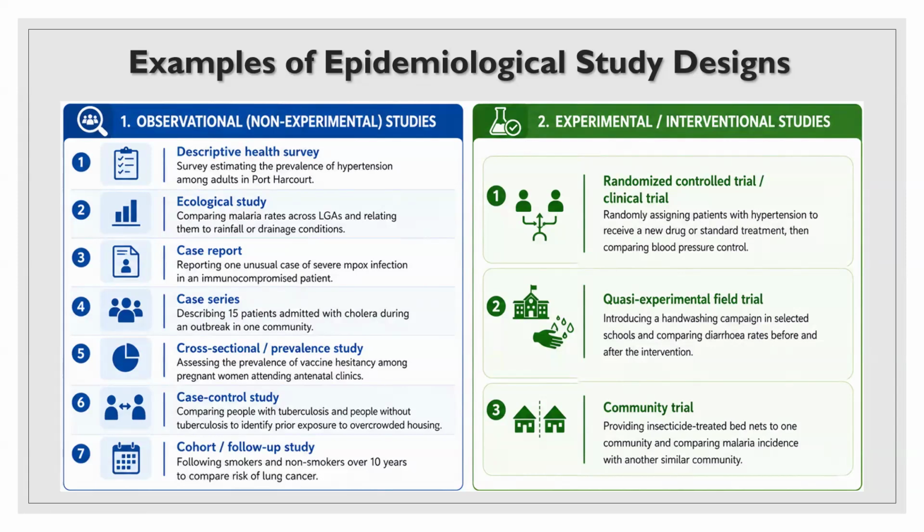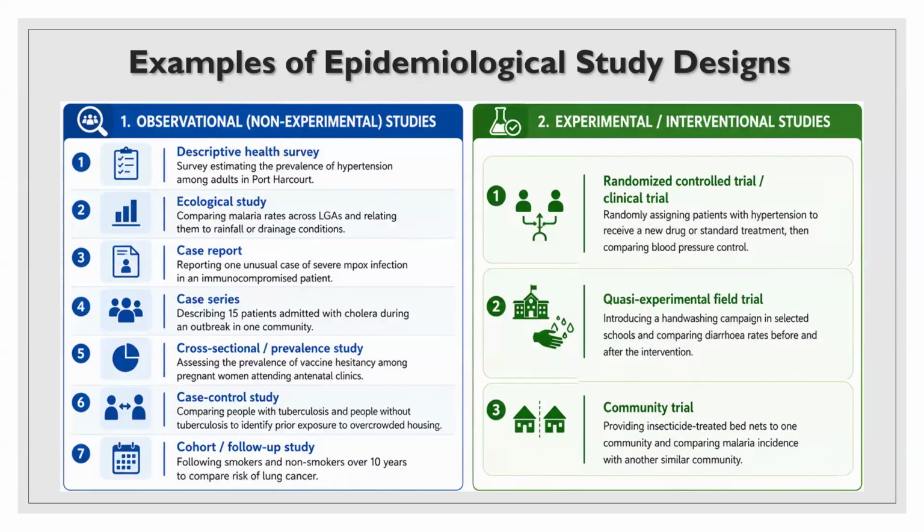Then in another community, you're not sensitizing them. Then at the end of the day, you check the community you sensitized on hand washing and the ones you didn't sensitize, who are still washing their hands, but not as much as those you sensitized. How is the diarrhea rate? Which group has more diarrhea, before the sensitization and after the sensitization?